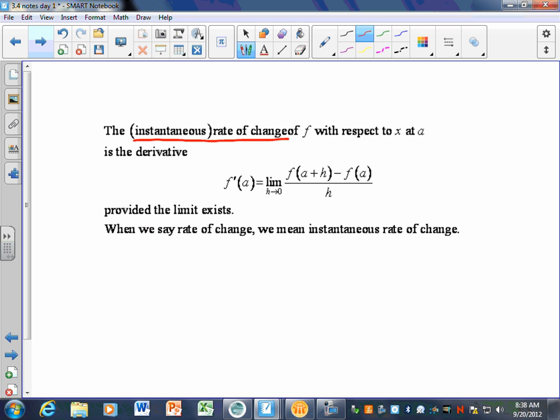It's been a few days since we've talked about the limit definition of a derivative, but remember this is how you find a derivative. You take the limit as h approaches 0. H is that value that gives you the secant line, and as h gets smaller and smaller, this becomes the tangent line, or the instantaneous rate of change. So just know that the derivative is the same as that.